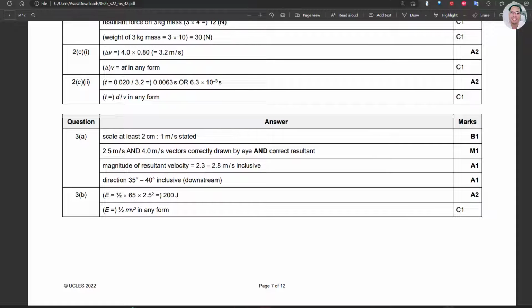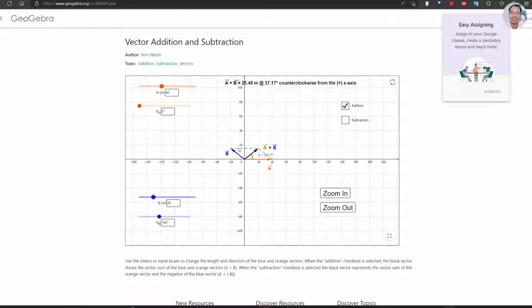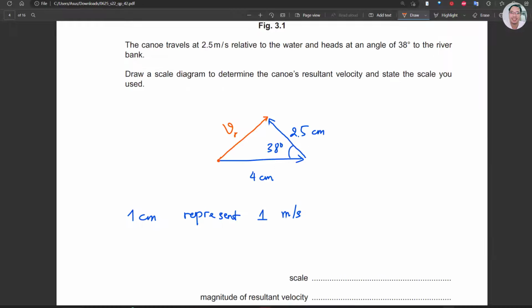Downstream. So the answer using the scale and your ruler to measure this length, the scale is mentioned here.